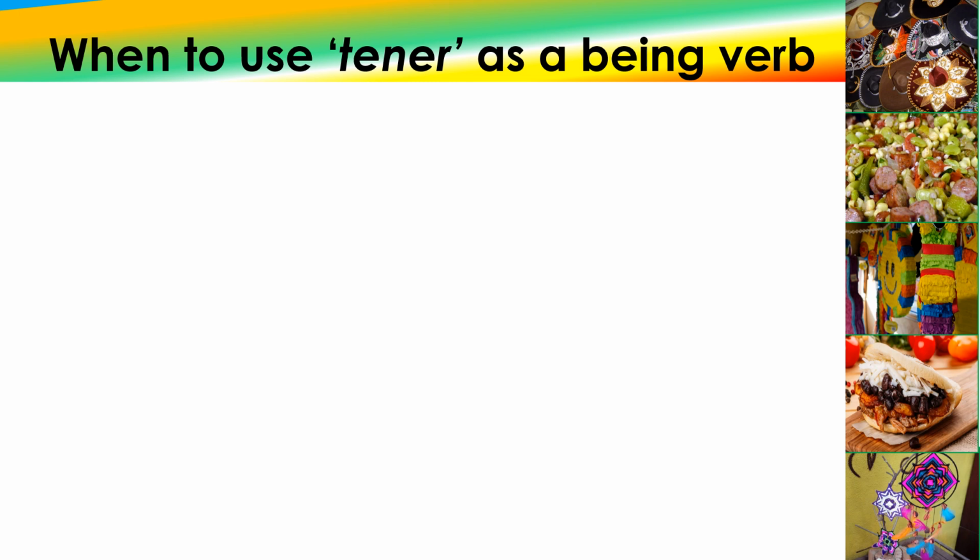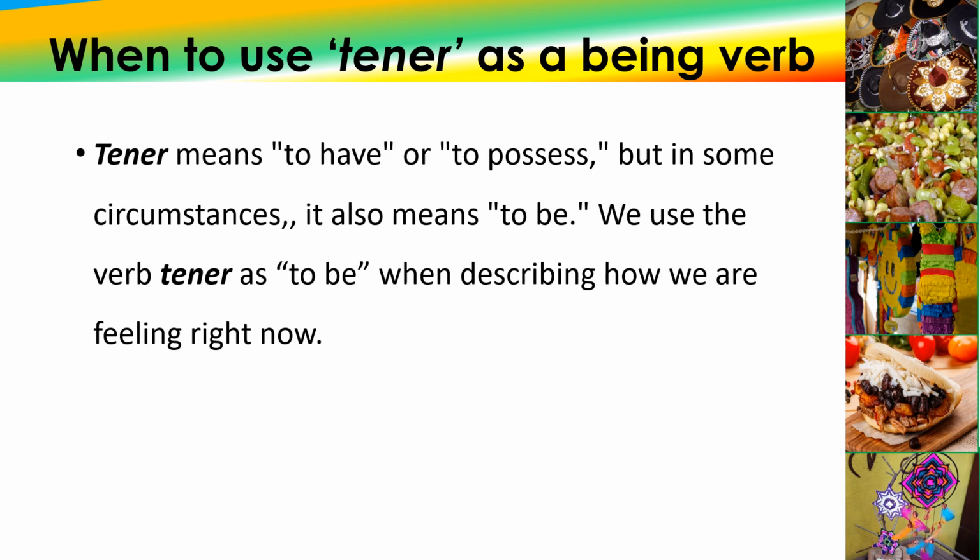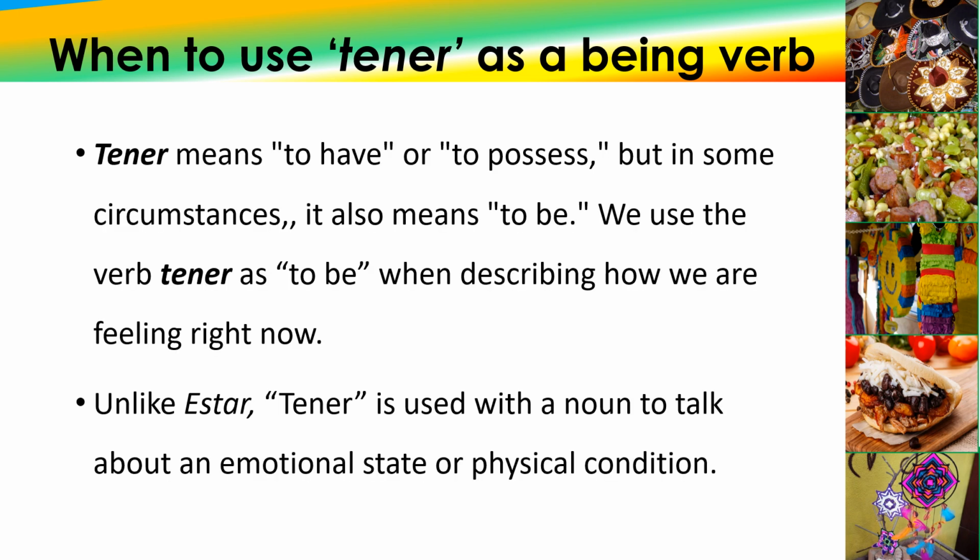Tener as a being verb. When do we use tener as the verb to be? So although tener means to have or to possess, some circumstances it also means to be. We use the verb tener as to be when describing how we are feeling right now.